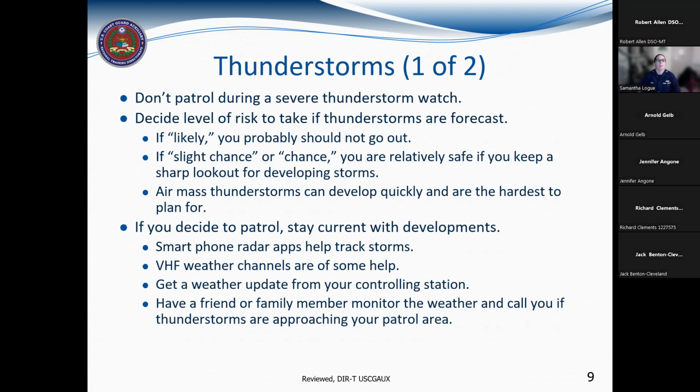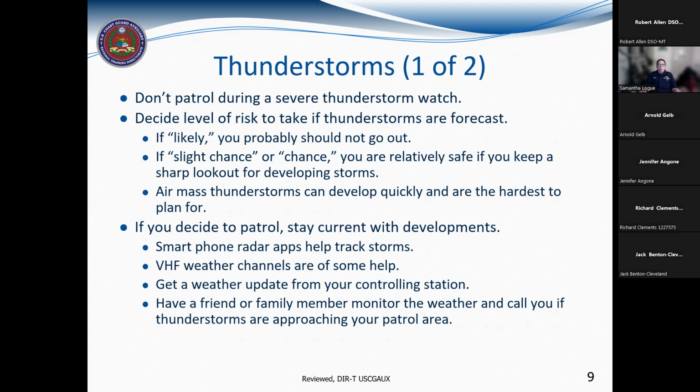All right, don't patrol during severe thunderstorms. I feel this should be a part of the discussion part. So why shouldn't we patrol during severe thunderstorm watches? Okay, it could be dangerous. So we have watches and we have warnings, like we read in our book here.